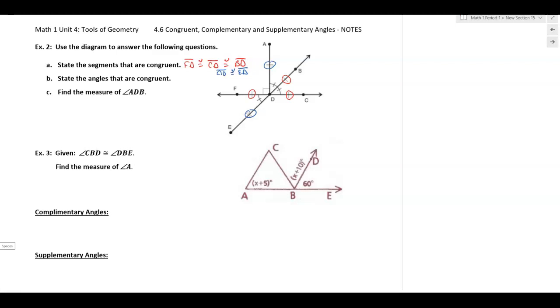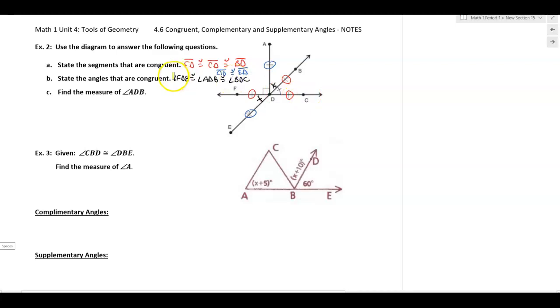If I look at the angles, I can see arc with a dash, arc with a dash, arc with a dash. So I could say angle FDE is congruent to angle ADB, which is congruent to angle BDC.